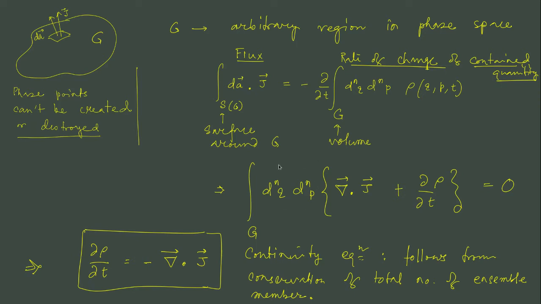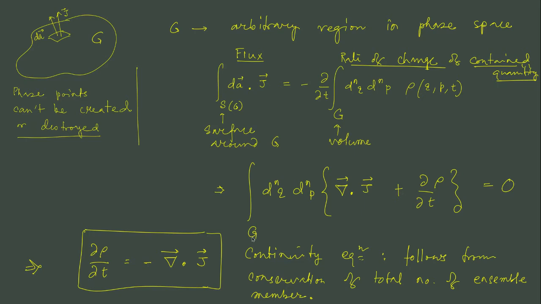So the surface integral of J becomes the volume integral of the divergence of J, and we bring in the right hand side, where rho is the only time dependent quantity, so we can push the partial derivative inside, and eventually we have the volume integral of divergence of J plus del rho del t.